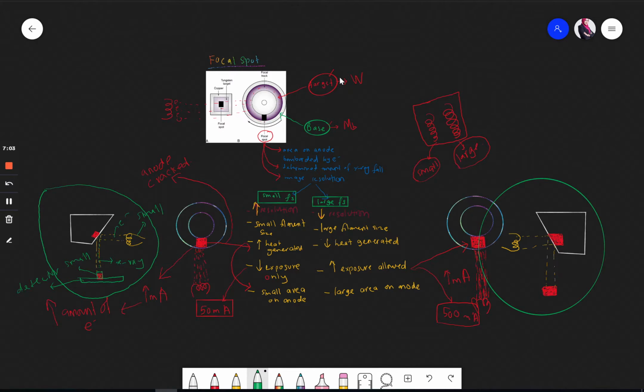Compared to here, we are using a large-size filament, so a greater number of electrons is produced, and then a greater number of X-rays is produced. The size of the X-ray produced onto the detector is also large.